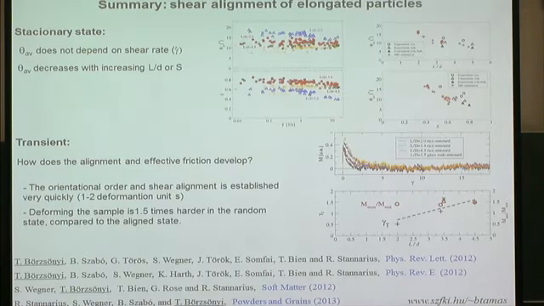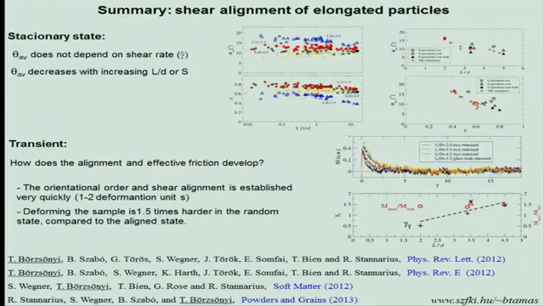So with this, I came to my summary. I want to emphasize again the main take-home messages. First, that in the stationary state, we can determine the average orientation of these particles, which seems to be shear rate independent, just like for the molecular case.